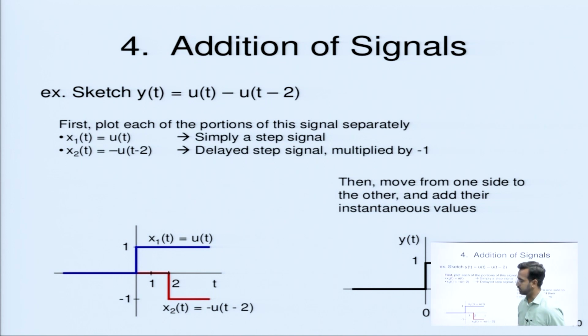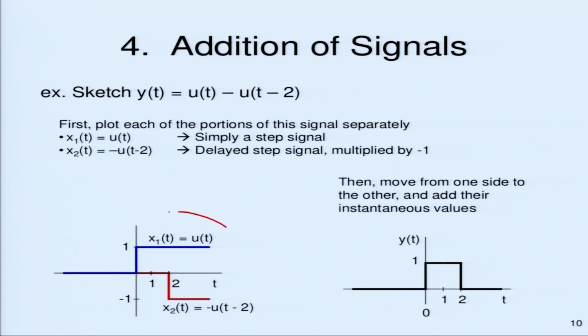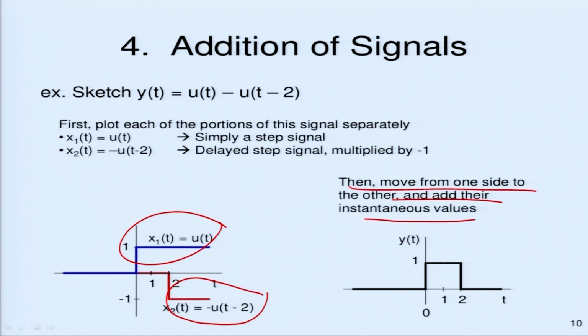See, this is an example of addition. There is basically ut, and here we have minus ut minus 2. So how will we add? For adding, you have to move from one side to the other and add their instantaneous values. See here, at this instant the value is 1, the other value is 0. At this instant the value is 1, the other is 0. Here the value is 1, the other is -1.